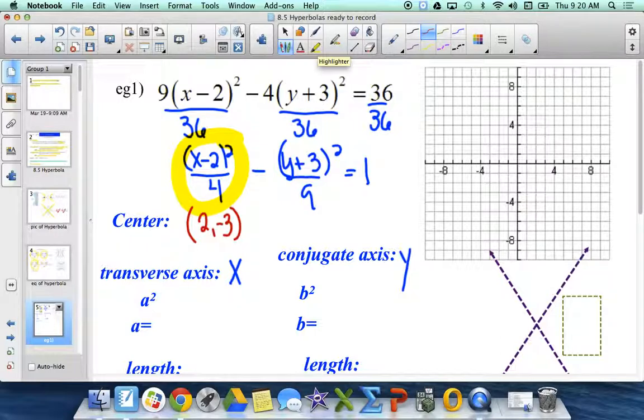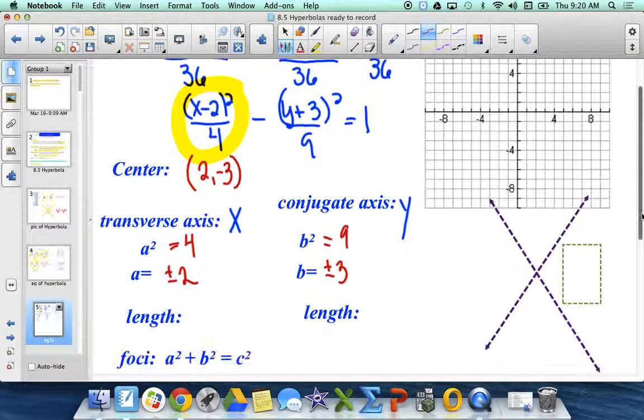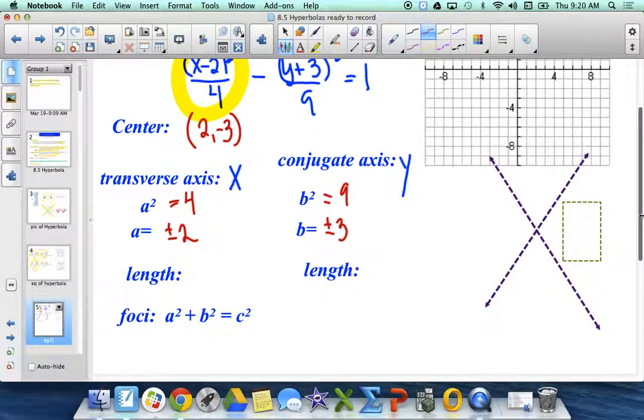A squared is equal to 4, so a is equal to plus or minus 2. B squared is equal to 9, so b is equal to plus or minus 3. The length of the transverse axis would be 2 times 2, or 4. And the length of the conjugate axis would be 2 times 3, or 6.